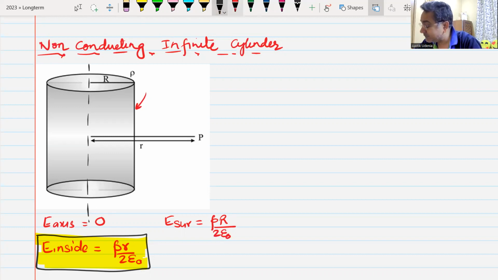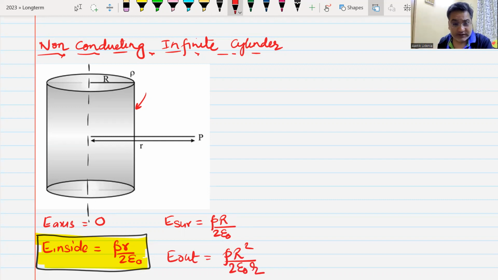We understand this? Yes, sir. Then electric field at any point outside will be rho R square by 2 epsilon naught r. The formula is exactly the same; the only difference is that instead of 3, we have 2.